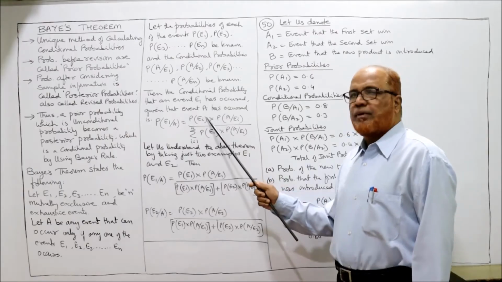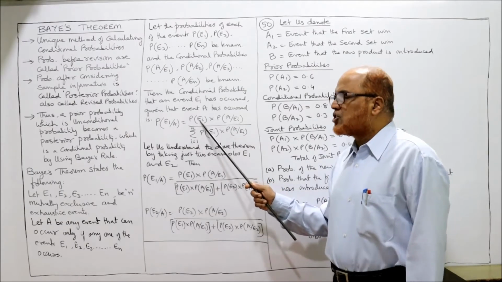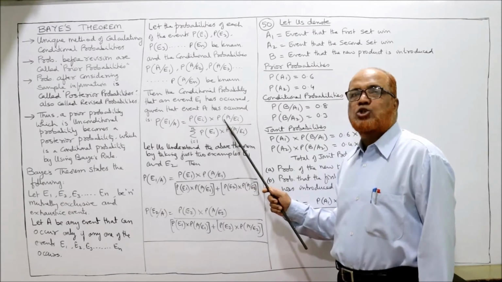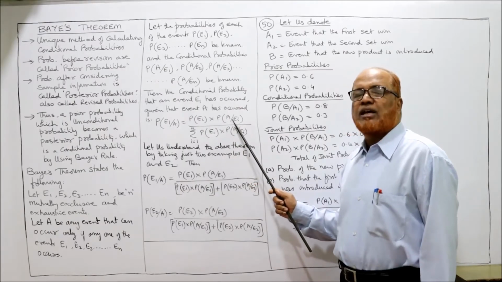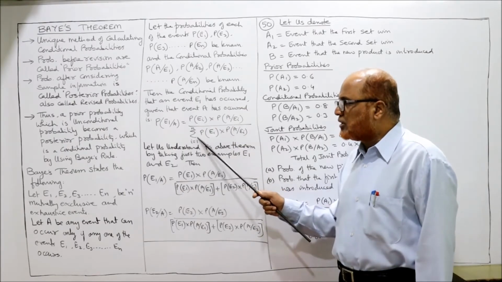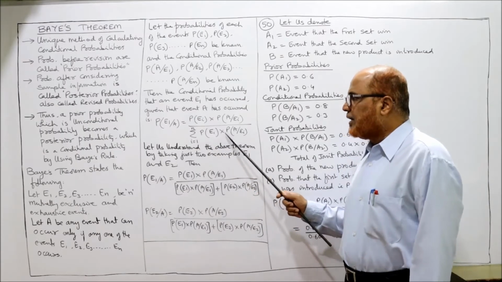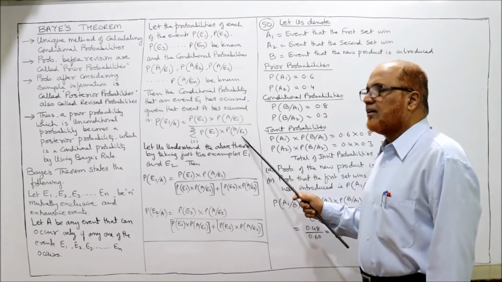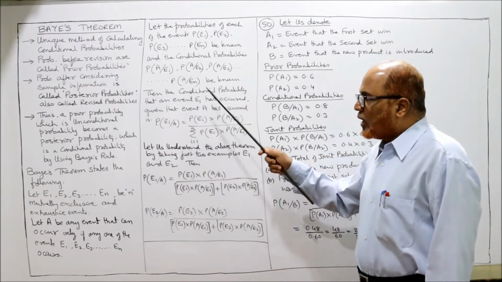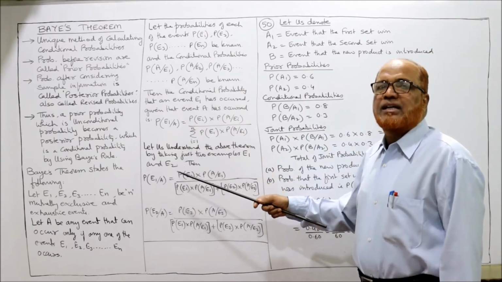This is a joint probability. When you multiply the unconditional probability with the conditional probability, you get the joint probability. The joint probability is taken in the numerator. In the denominator is the summation of P of Ei into P of A given Ei, that means the total. To understand in clear terms, we will take an example.